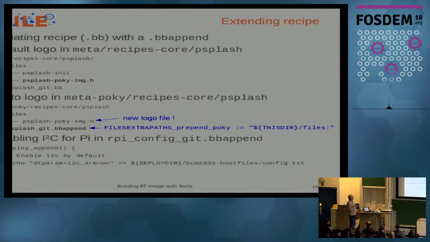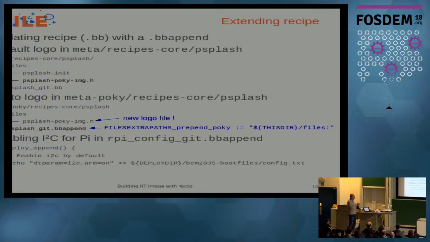In Yocto we have a very interesting functionality, which is extending recipes. You update the recipe with a bbappend. The simplest example is a splash screen. There was a default splash screen with the OpenEmbedded logo, and in the new meta-poky there is the same recipe with a bbappend and a new logo, which is the Yocto logo.